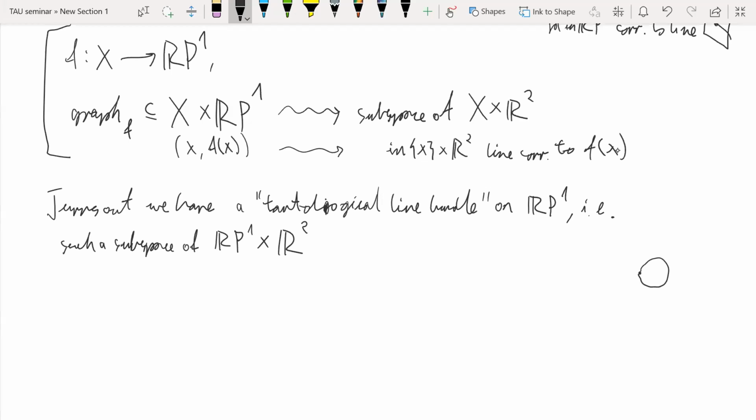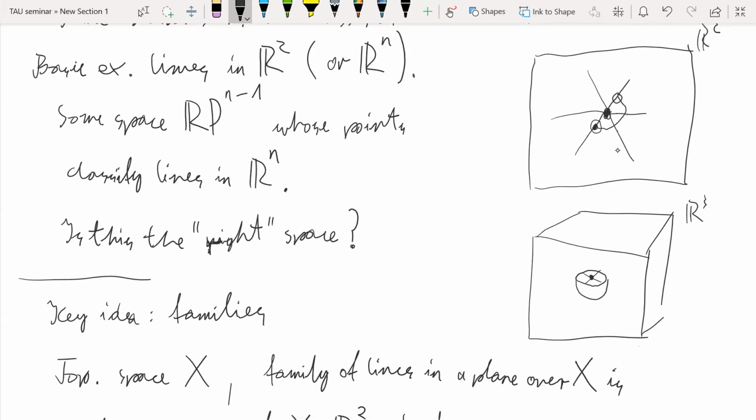And then this tautological line bundle is actually the subspace in which over every point we have such a corresponding line. I will not try to make this image any more accurate, because we have this identification of two opposite endpoints.